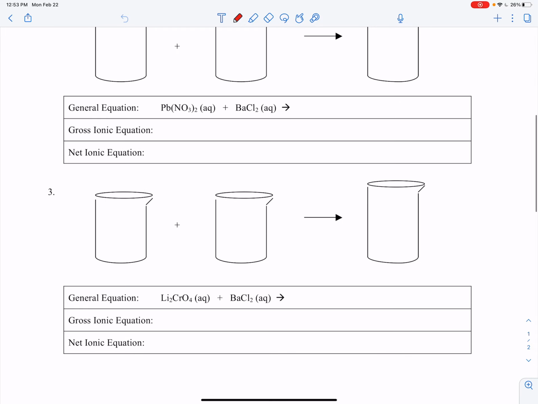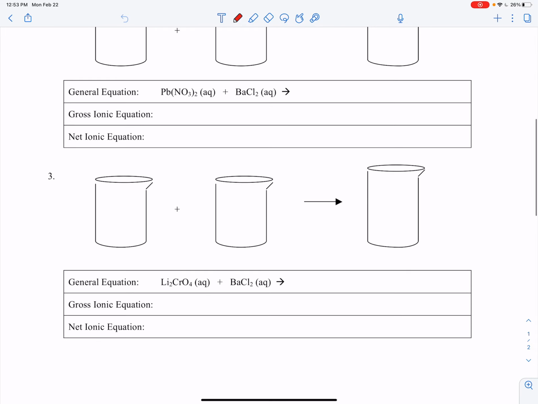Okay, I want to show you just one of these. I'm going to pick number 3 because it's the one with a solubility rule that I didn't actually teach you, so sorry about that. But you don't see a ton of chromates other than in textbooks, honestly. So that's why I don't think it's the most important.